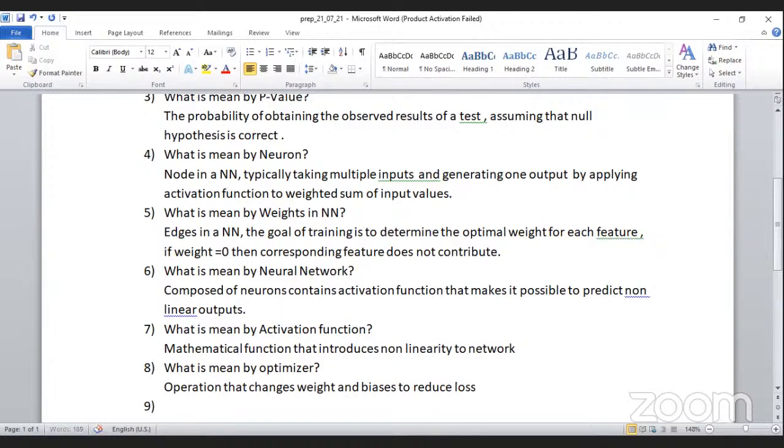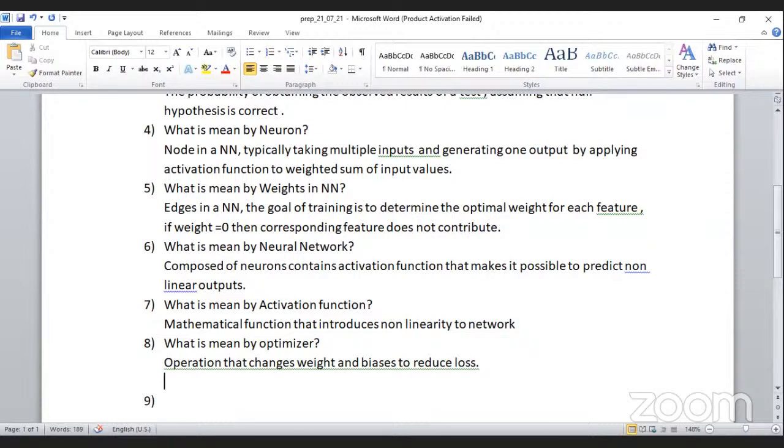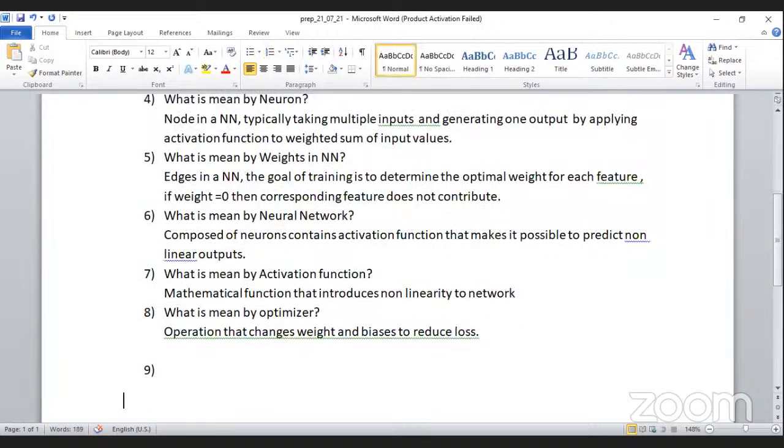So those are nothing but optimizers. Like the Adam optimizer that we use in our neural network while doing the assignments, and Adagrad also. So these are some types of optimizers.